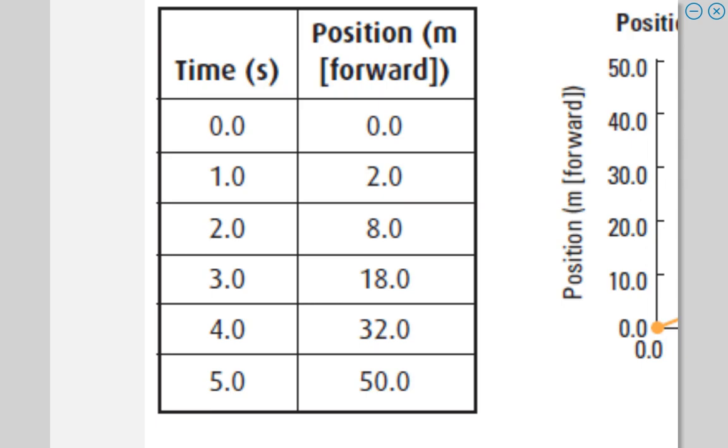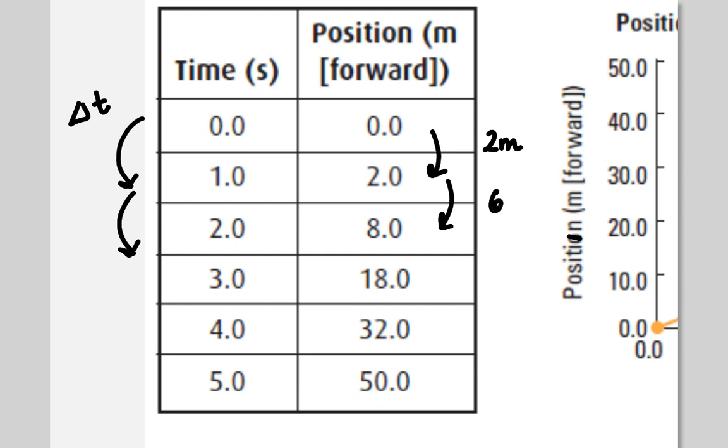If you were to look at a table of values, as t changes, it looks like delta t is 1 second. Every 1 second interval, look at the distance covered. 2 meters in the first second, but in the second second you covered 6 meters. For it to be uniform motion, that would have had to be the same number.